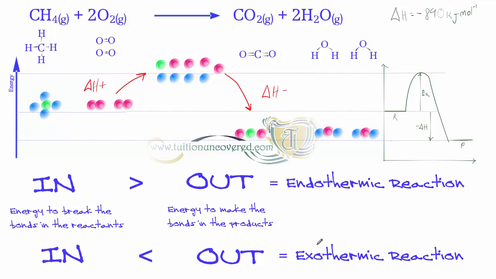There are other examples we'll look at where the energy going in to break the bonds in the reactants is greater than the energy being released when reforming the bonds of the products. That would overall have been an endothermic reaction. Let me quickly illustrate that down here in the gap.